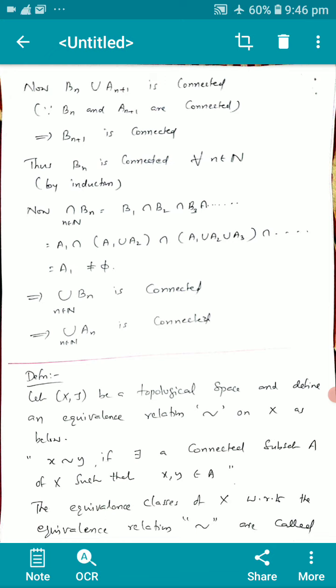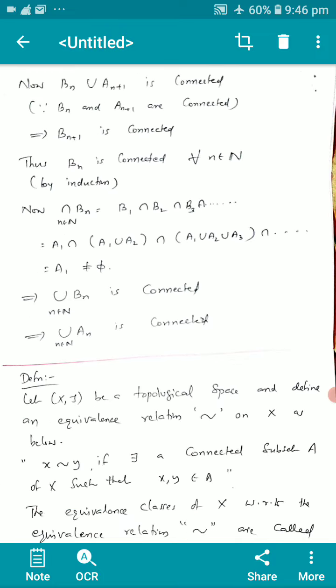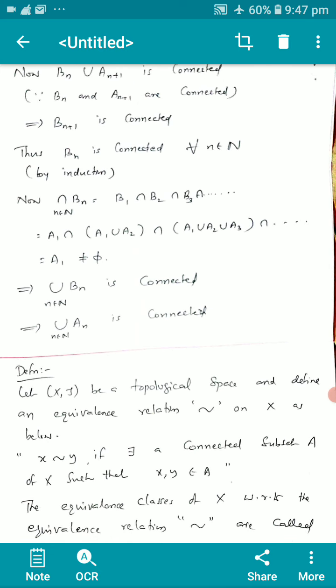In that we are writing A1 intersection A1 union A2 intersection A1 union A2 union A3 intersection, etc. That means we are only getting A1, and A1 is not equal to the empty set. So the union of Bn is connected. That shows that the union of An is connected. That's the proof of the theorem. All the three parts are proved.